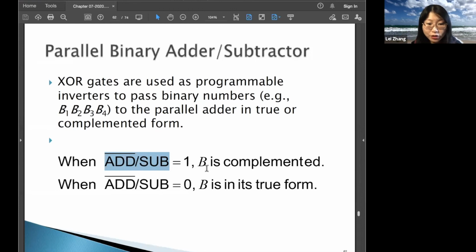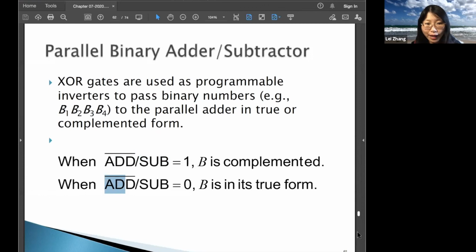When the signal is high, it means SUB, so SUB is the active mode. When this signal equals 1, B is complemented. When this signal is 0, B is true form.